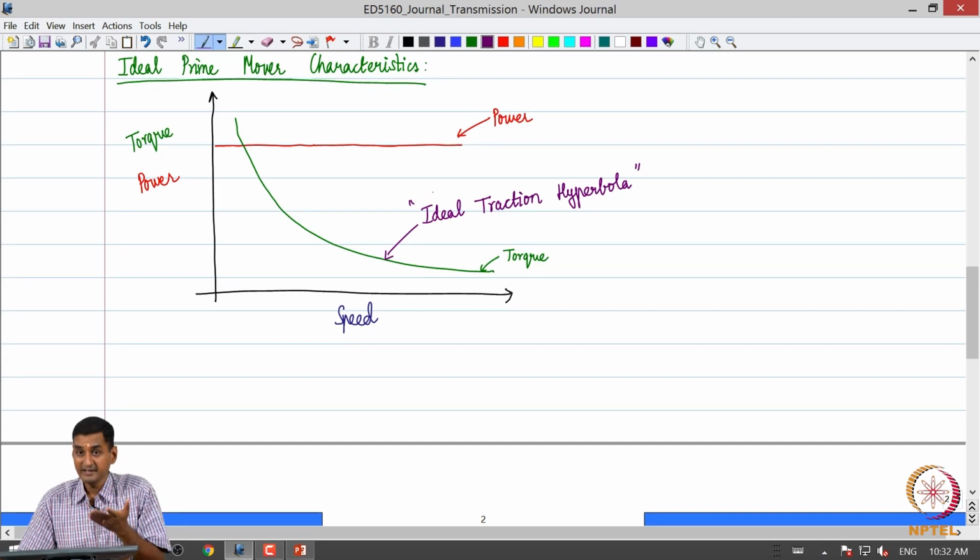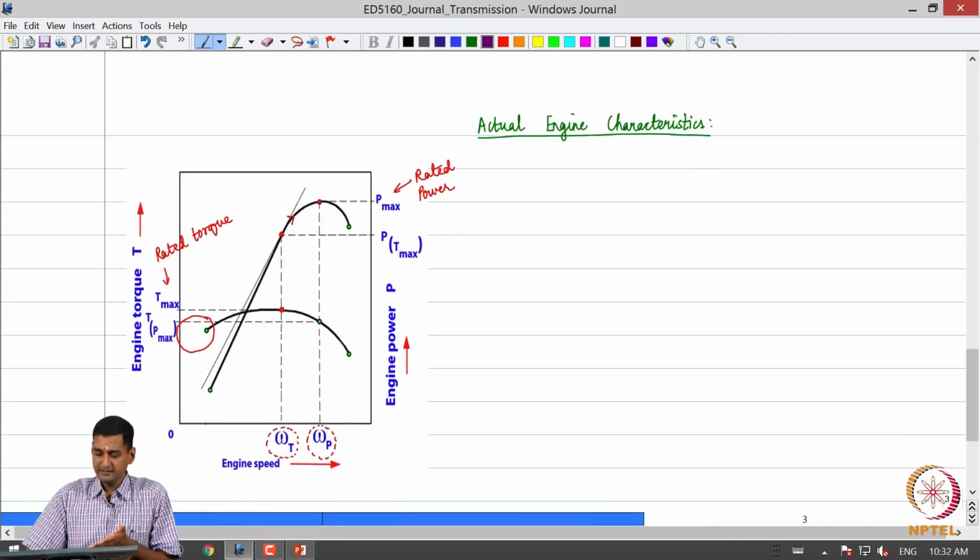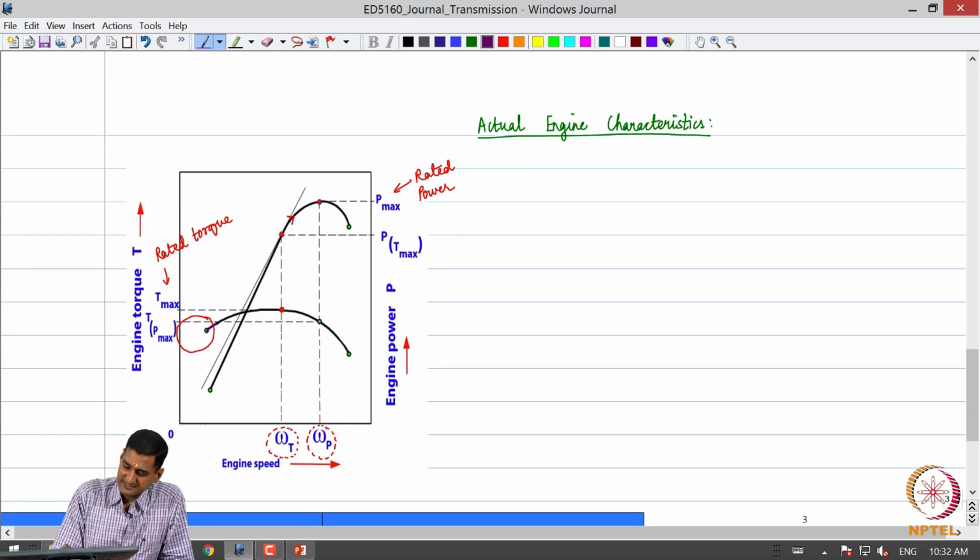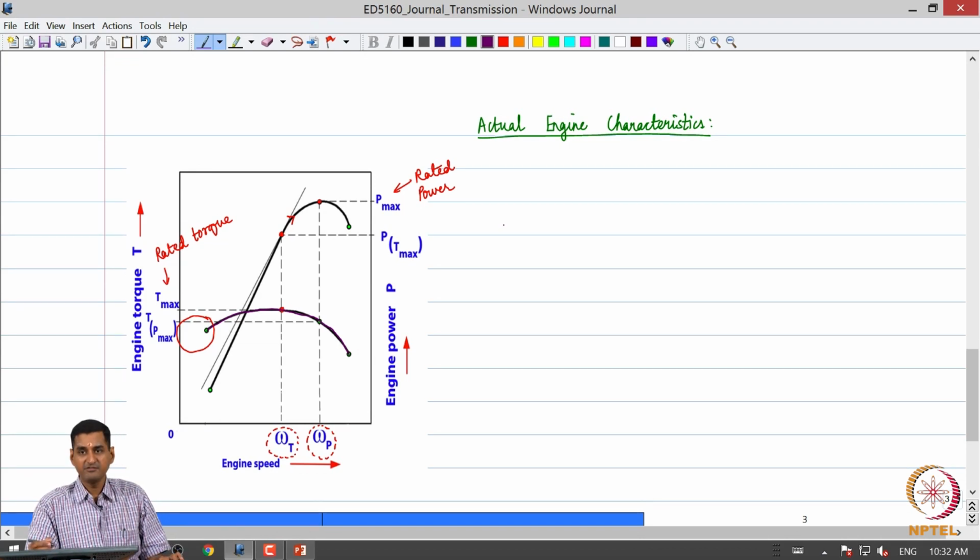That is what we want ideally. But the IC engine torque-speed characteristic is something like this. It is not even in the shape of a hyperbola, so it is highly different from what we want, and that is one primary reason why we go for a multi-speed gearbox when we want to operate a vehicle with an IC engine.